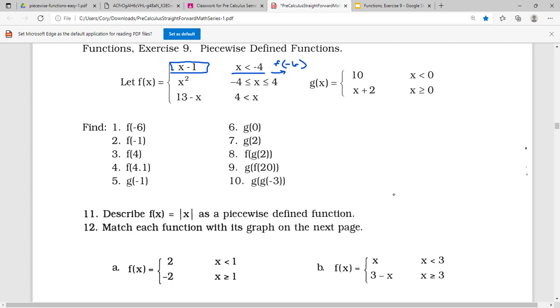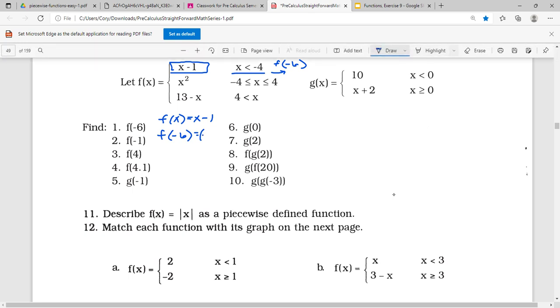So that means f of x equals x minus 1. If we're doing f of negative 6, that's going to equal negative 6 minus 1, which would be f of negative 6 equals negative 7.